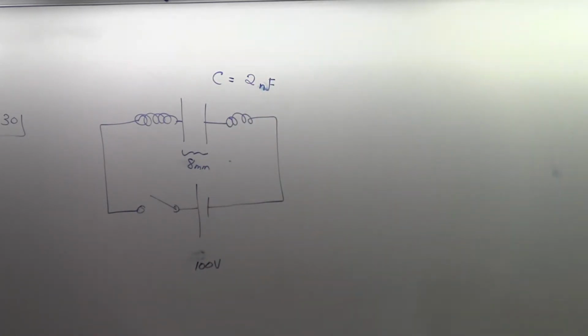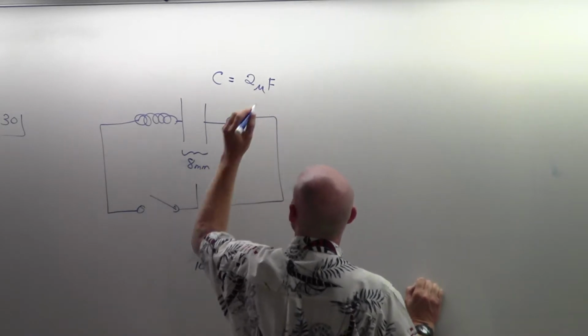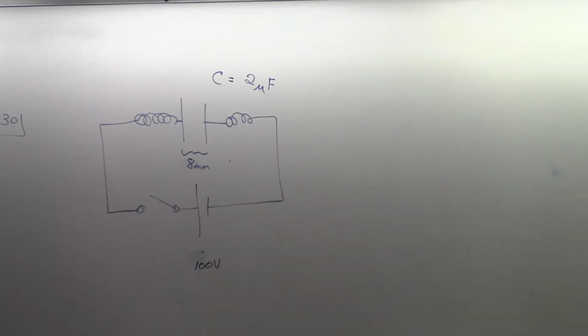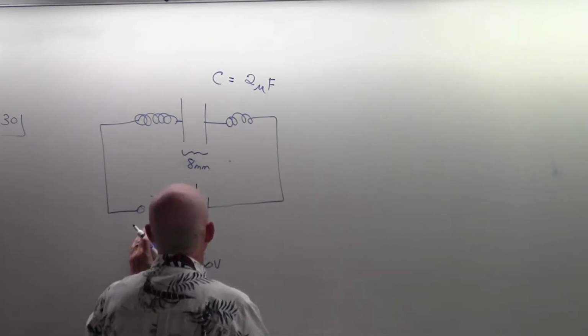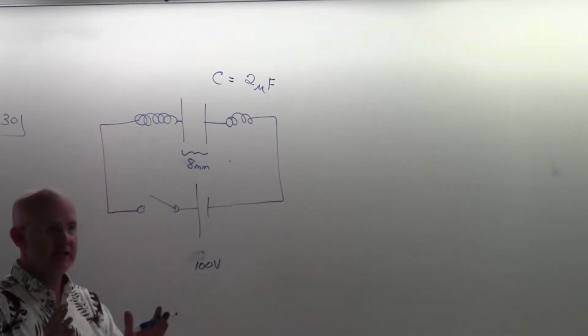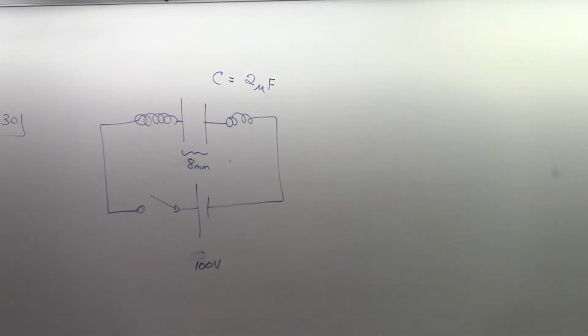Or was it micro? 2 microfarads. Okay? But they did say something very important here. You close the switch, and the separation of those plates was cut in half. Why?